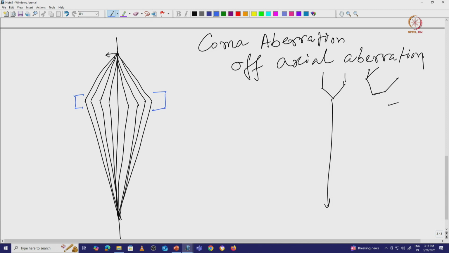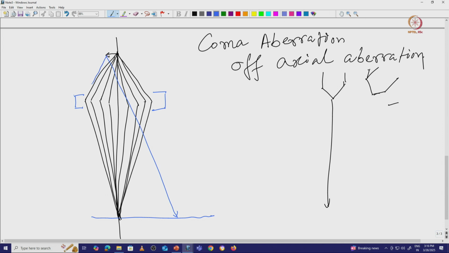First we have to draw the image plane, right? So the first ray will go and converge at one particular point. When it is shifted, I am now considering this as my optical axis, and based on this optical axis, we have to draw the rest of the ray diagram.